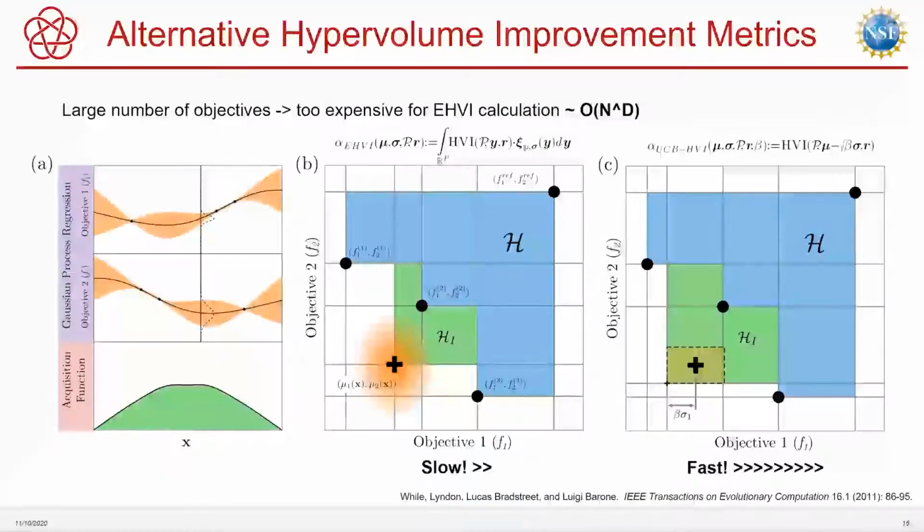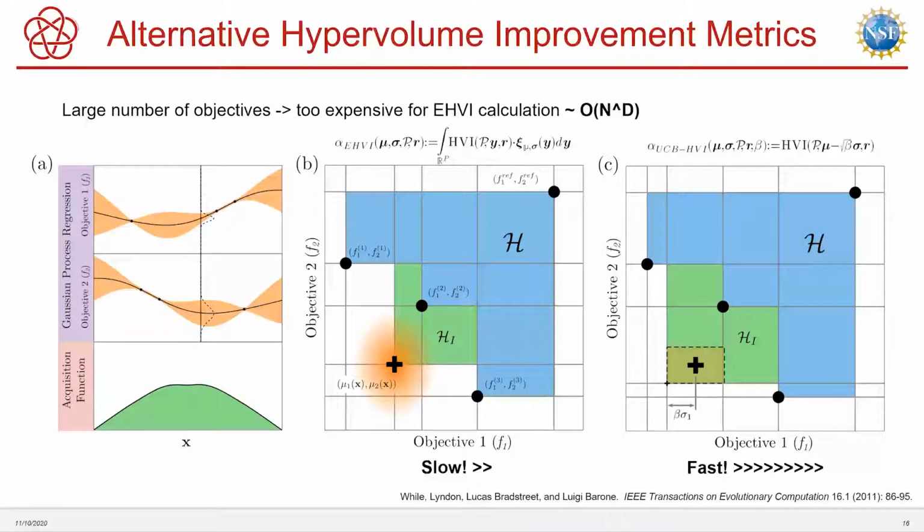Now, in the case of our accelerator problem, specifically the photoinjector case, we have a large number of objectives. However, this expected average hypervolume improvement calculation is relatively slow in a high dimensional objective space.